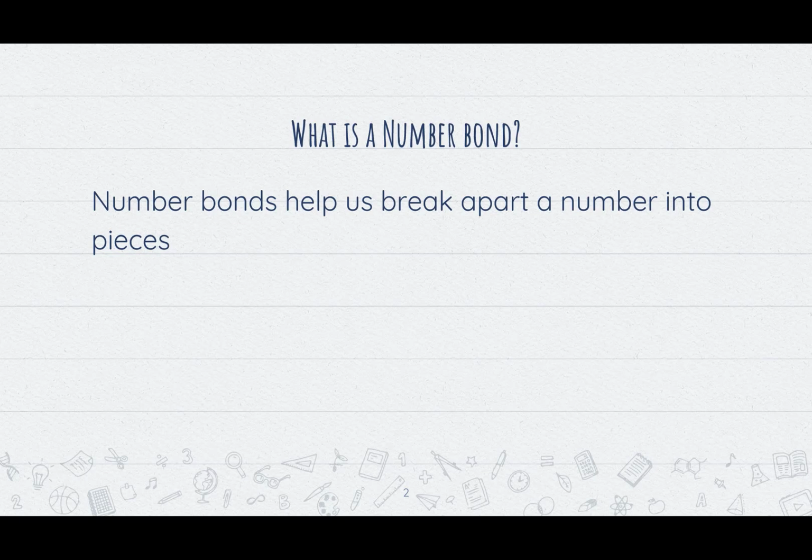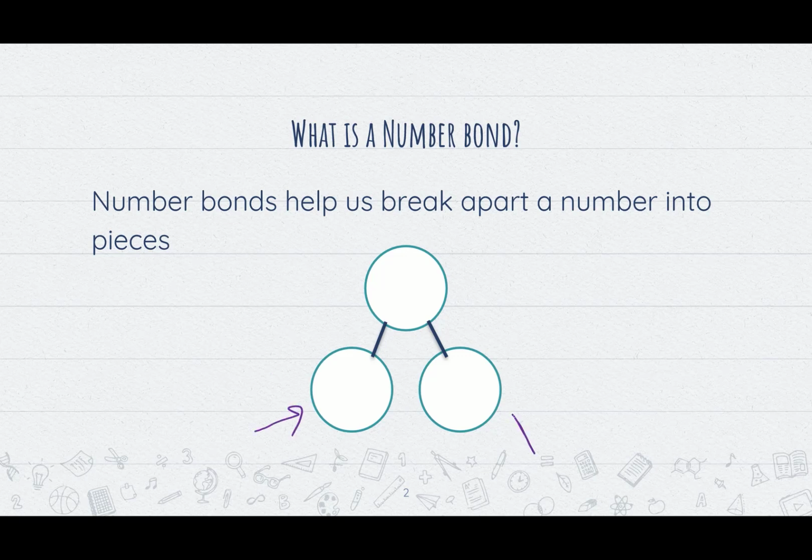So this is what a number bond looks like. You have a top circle, and then that circle is broken up into two other circles. And then you have these lines that show that these bottom ones, this circle and this circle, are the parts for this one. So the one on the top is called the whole because it has all of the number that we're going to use.